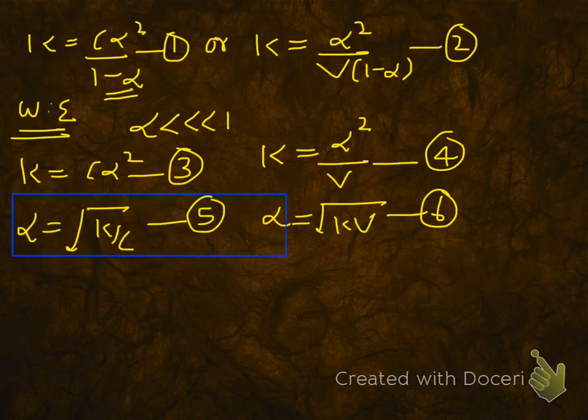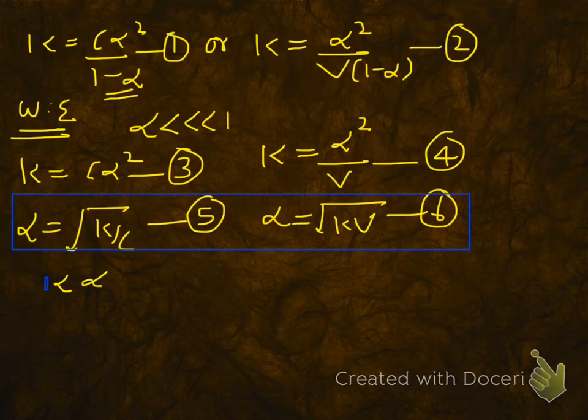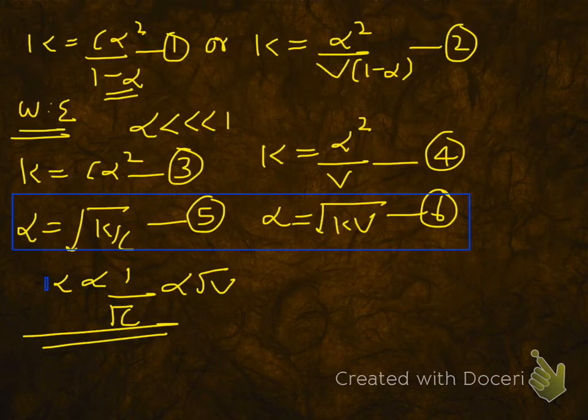Ostwald dilution law is a relation between degree of dissociation alpha and concentration or volume. Degree of dissociation alpha is inversely proportional to square root of concentration, or directly proportional to square root of volume. That is the simplest statement available for Ostwald dilution law.